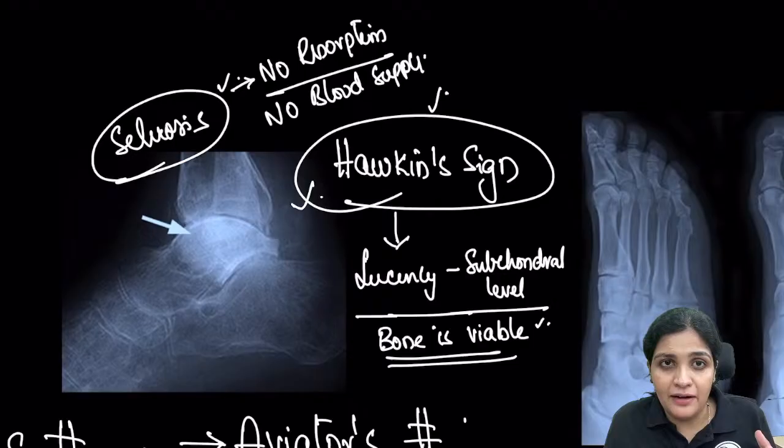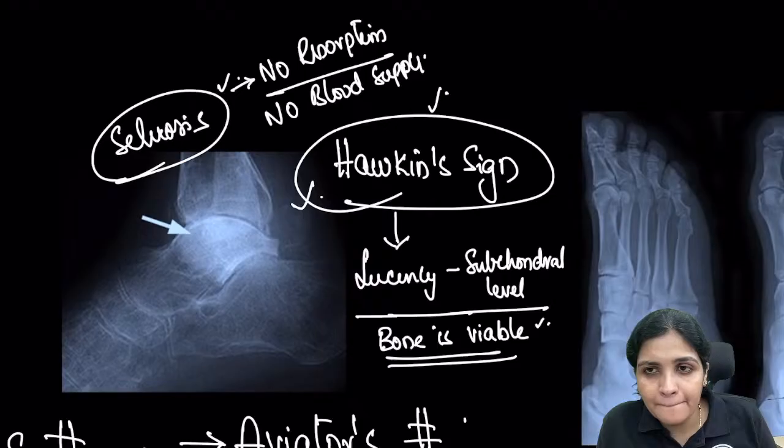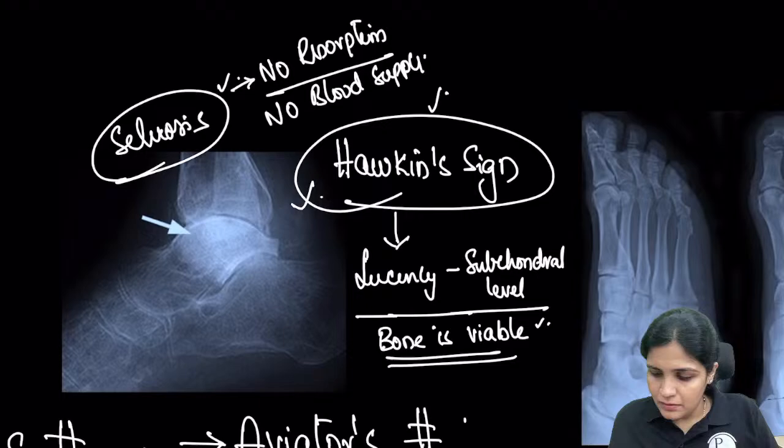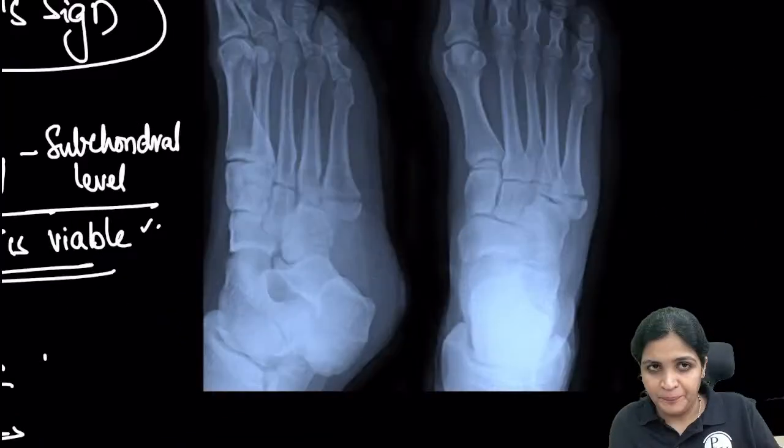It is a good sign. Whenever there is sclerosis, it is a bad sign. There is no resorption and the bone is dead. That means it is going into non-union. Is that clear? Yes, good. So that is about your Hawkins sign.